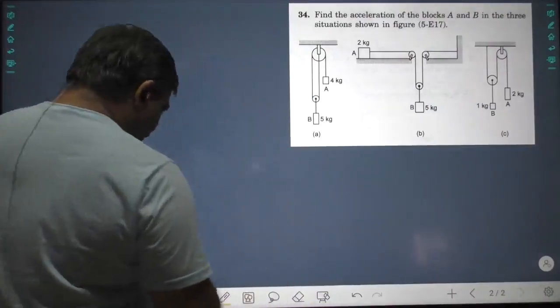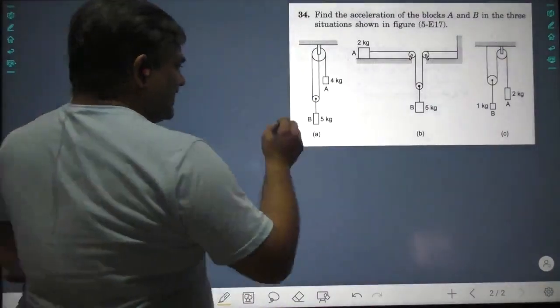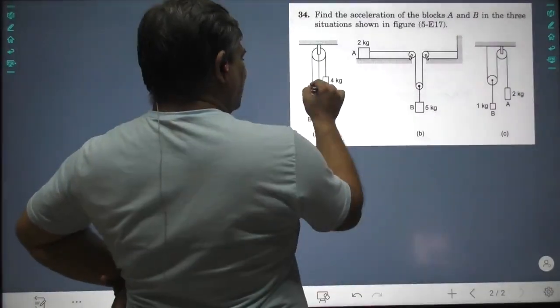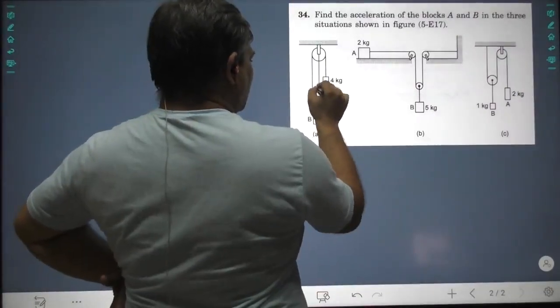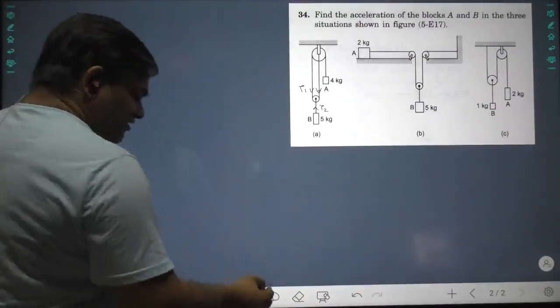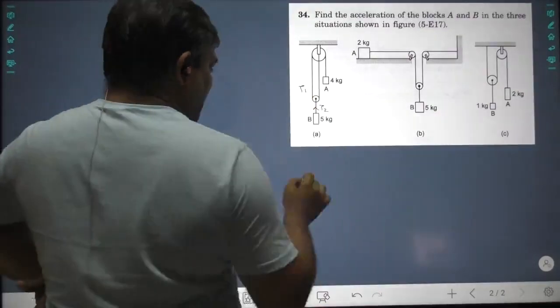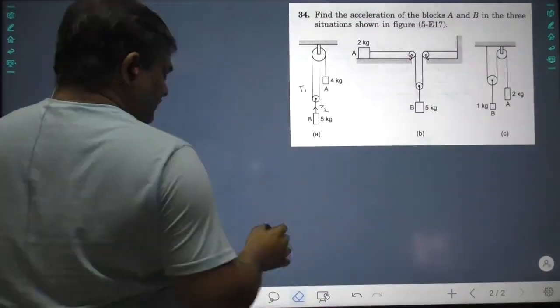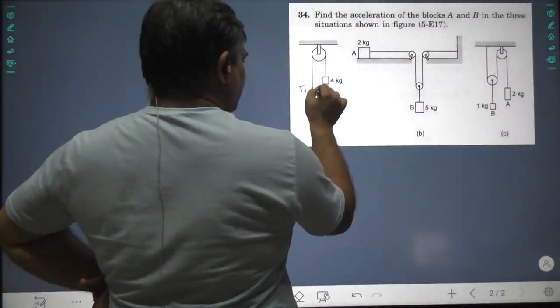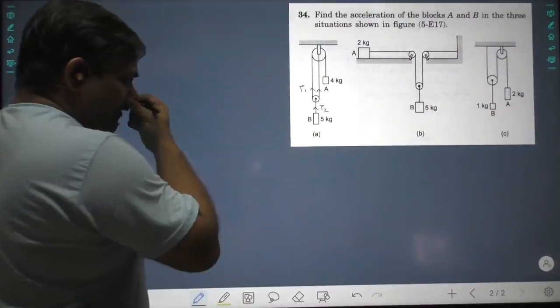Let us assume that in this string the tension is T2, and in this string the tension is T1. Now in one string the tension always remains the same.